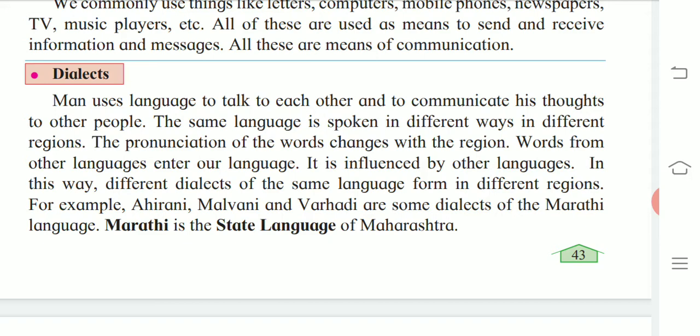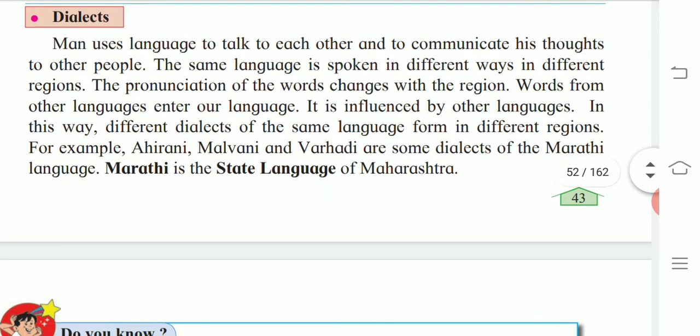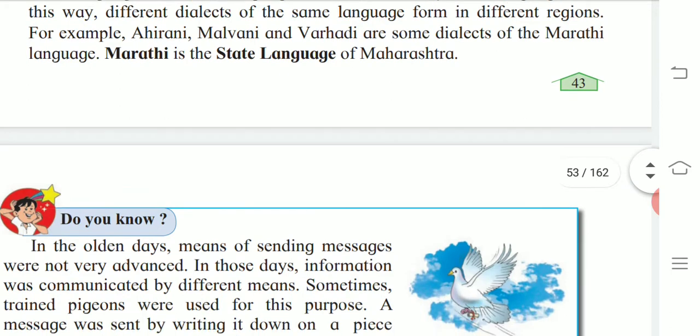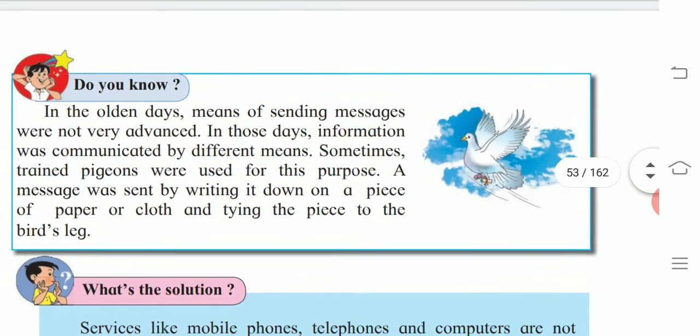It is influenced by other languages. In this way, different dialects of the same language form in different regions. For example, Ahirani, Malwani, and Varadi are some dialects of the Marathi language. Marathi is the state language of Maharashtra.